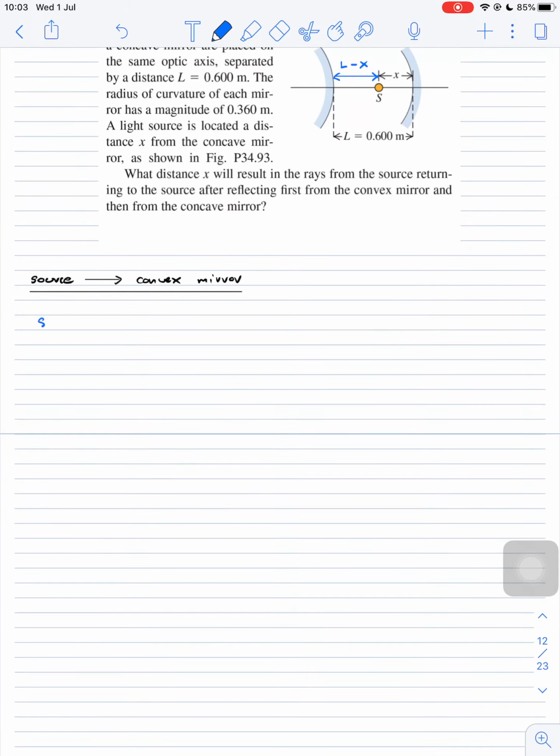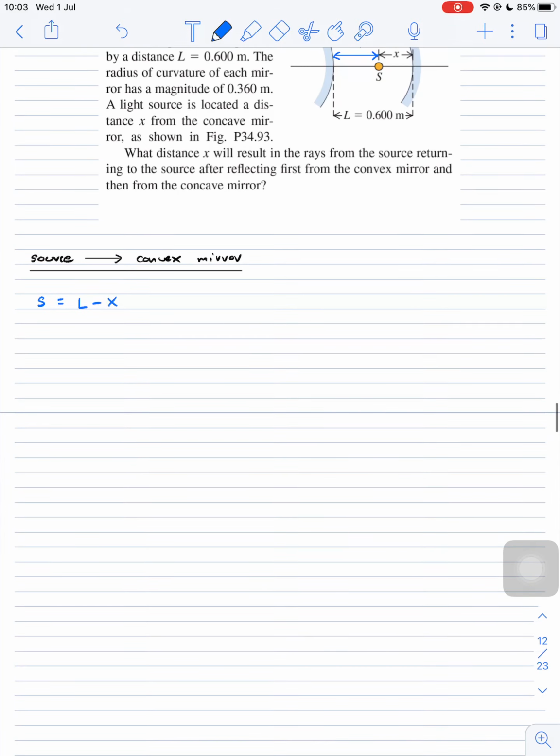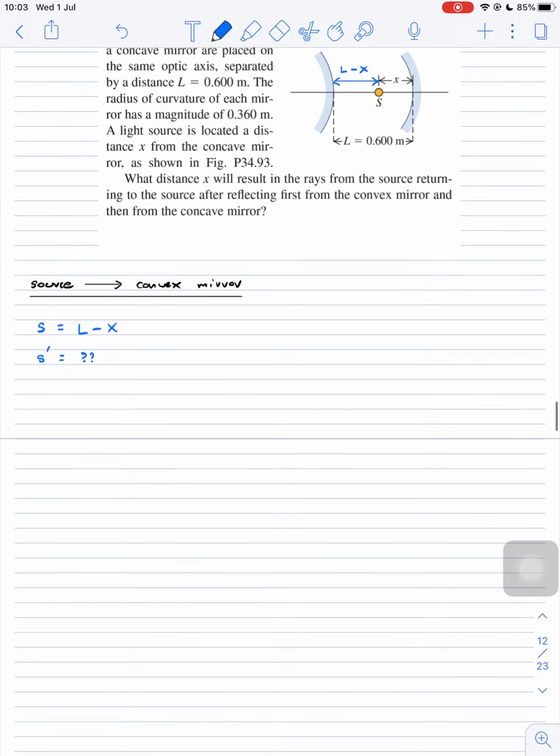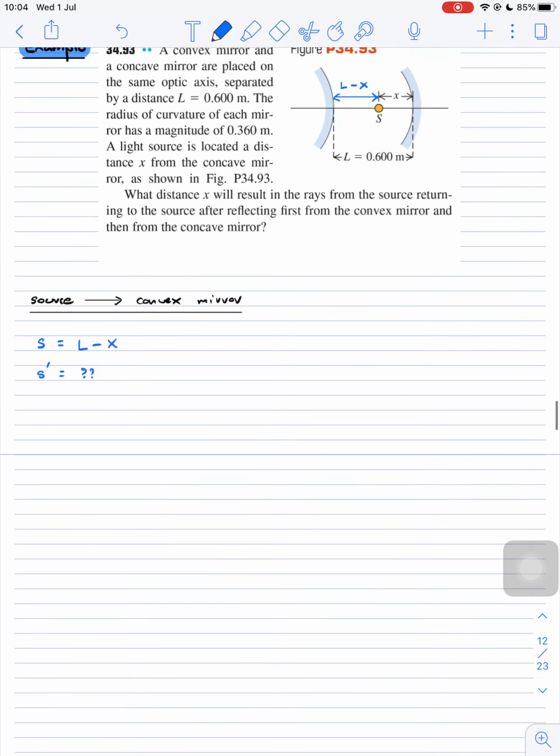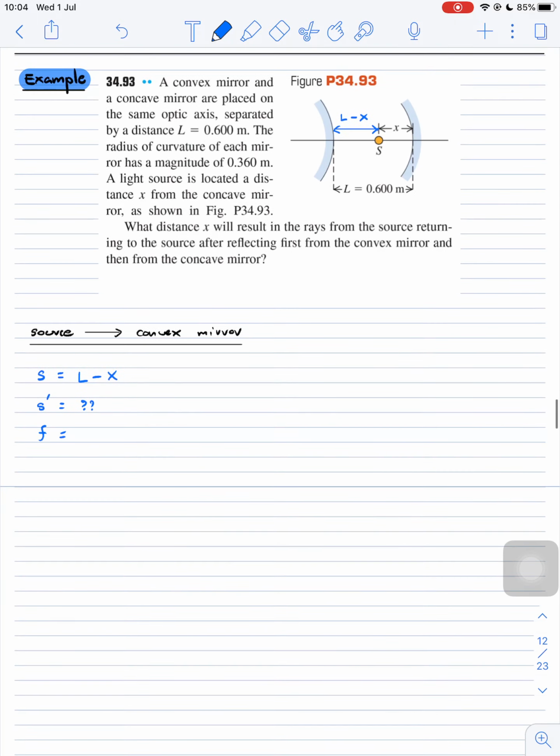So let's say S equals L minus x, where S is the object distance. Now we just want to find S prime, the image distance, and then the focal length.